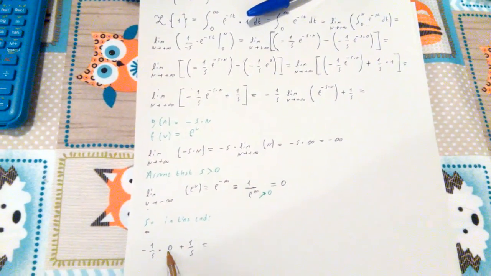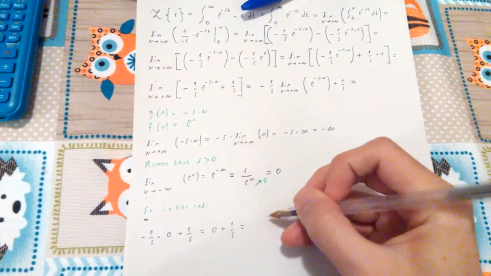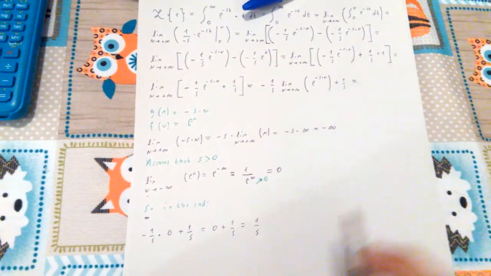So 1 over s times 0 is just going to be 0, plus 1 over s. Therefore, our final result is 1 over s.